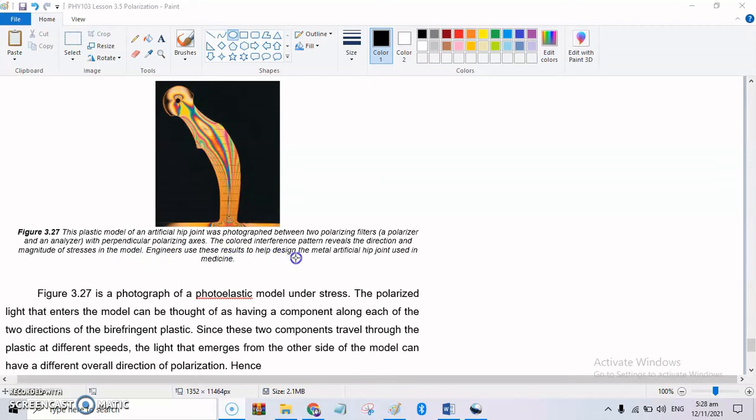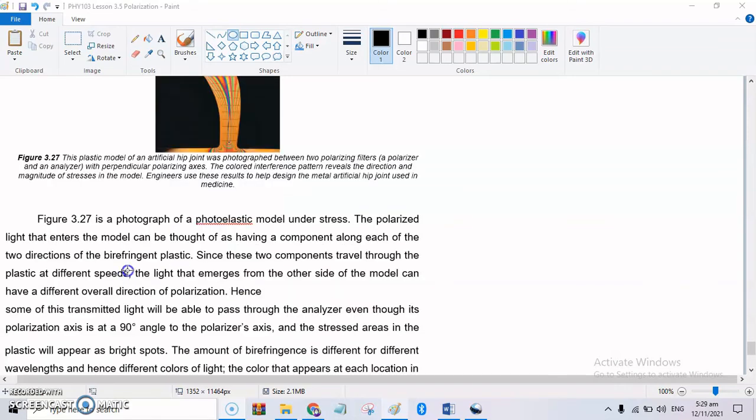Engineers use this result to help design the artificial hip joint used in medicine. So, this is the use of photoelasticity, in making models of artificial legs, artificial limbs, and the like.